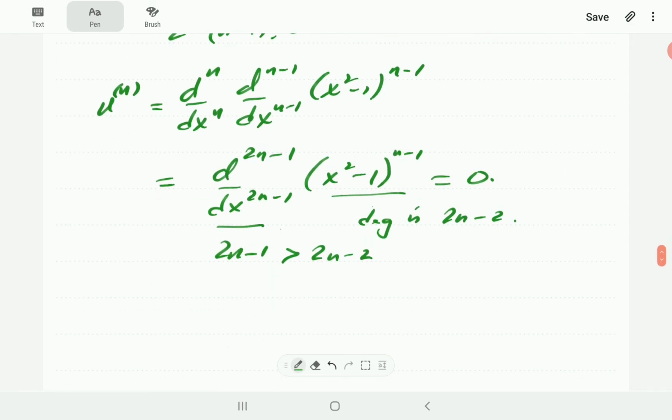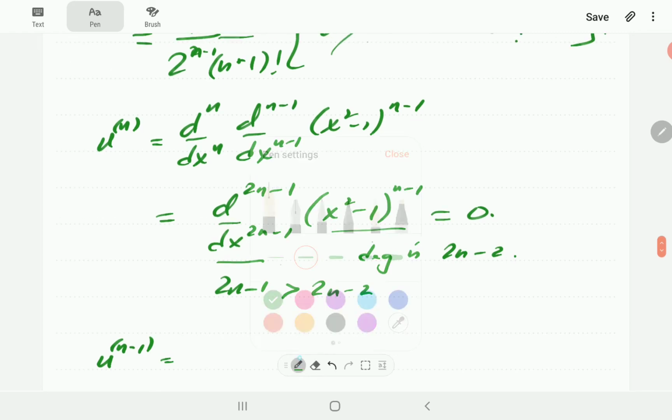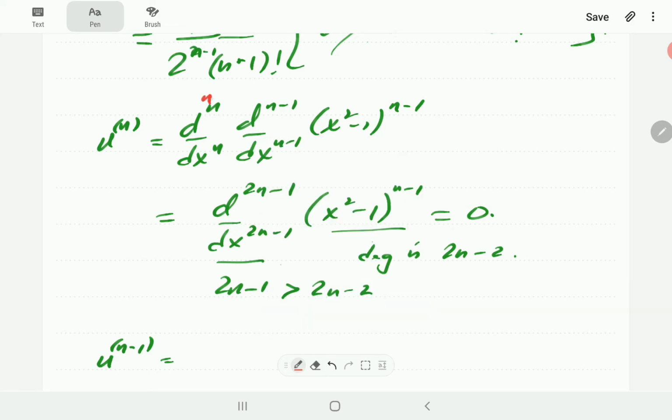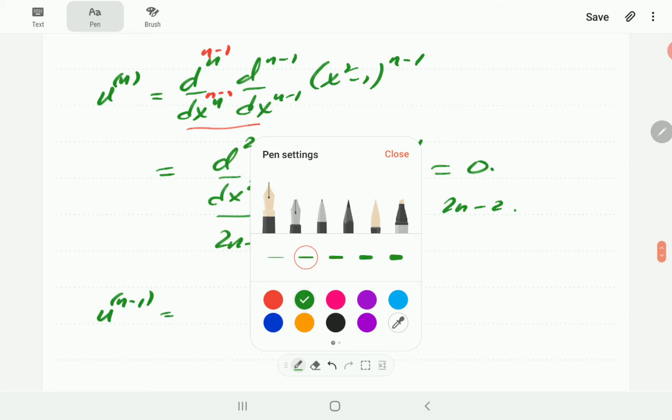And now if we do the same thing for the second term, the n minus first order derivative, this time we are going to have n minus 1 here and n minus 1 there. So when you combine these two, what's going to happen this time?